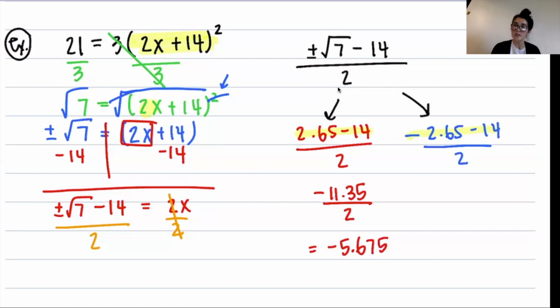Simplify just the top part, the numerator, first. So negative 2.65 minus 14 is going to give you negative 16.65. And then divide all that by 2. When you solve that, you're going to get negative 8.325. And those would be our two answers here.